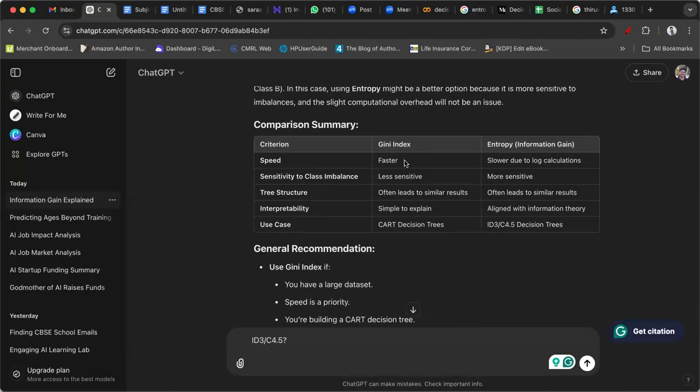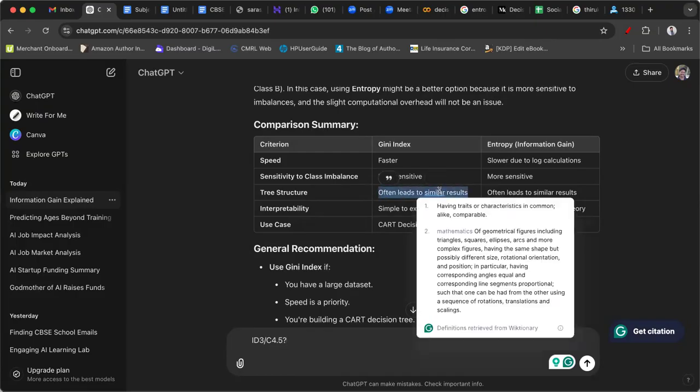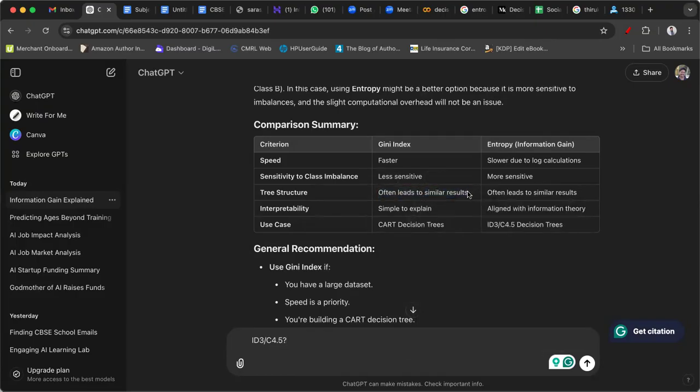Gini index: fast. Entropy: slower due to log calculations. Sensitivity to class imbalance: less sensitivity for Gini, more sensitivity for entropy. Tree structure often leads to similar results. Now you know why you are getting similar results in your repeated attempts. That's what we just discussed a few minutes back.